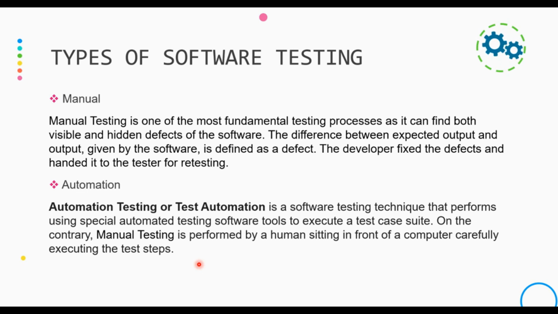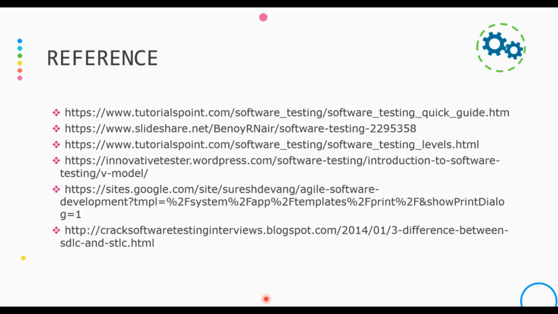Another software is AWP Pro, so that we can find out the load of any web application or any desktop software. How much load and stress will be handled, everything will be done in automation testing. These are the references from where I got the whole idea about software testing.